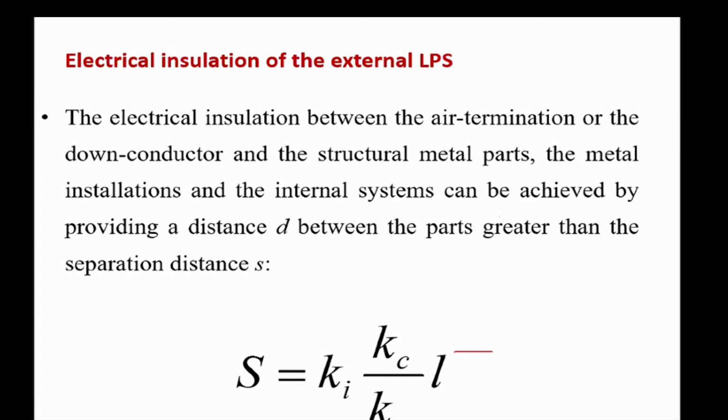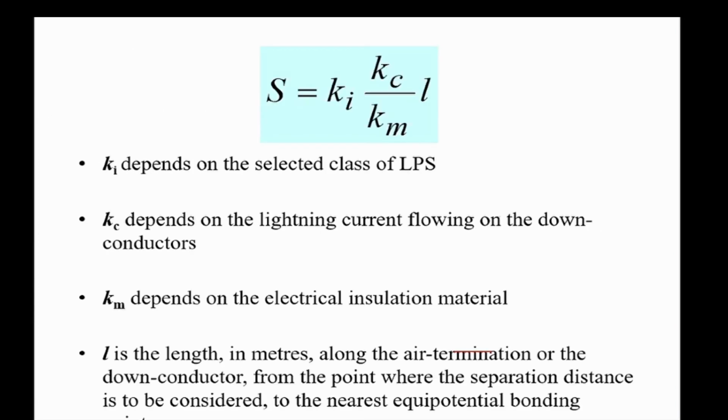This minimum distance is calculated by this equation, where Ki, Kc and Km are constants of which the values are given in the next few slides. And L is the distance from the point of possible arcing in the lightning current path to the equipotential bonding level. Let me show you that in the next few slides.